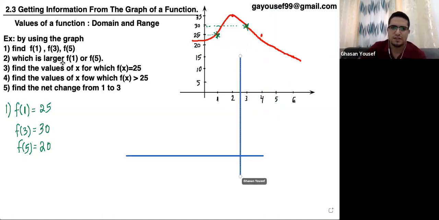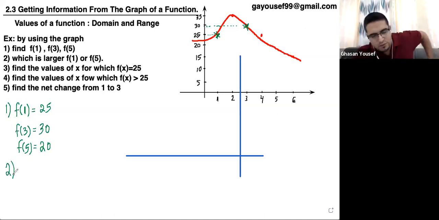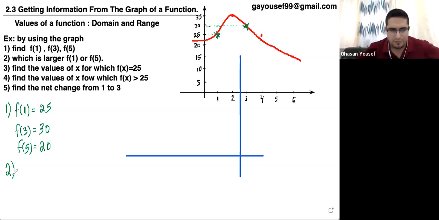Okay, now for the second question: which is larger, f of 1 or f of 5? From the previous one, we got f of 1 is 25 and f of 5 is 20. So which is larger?